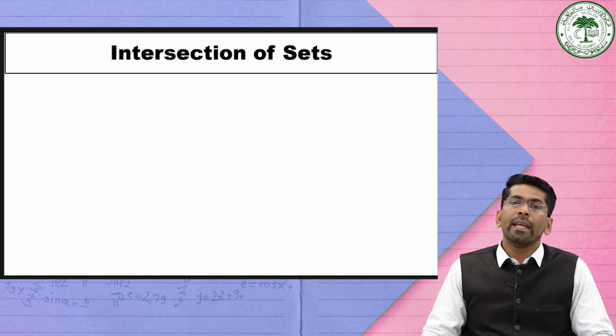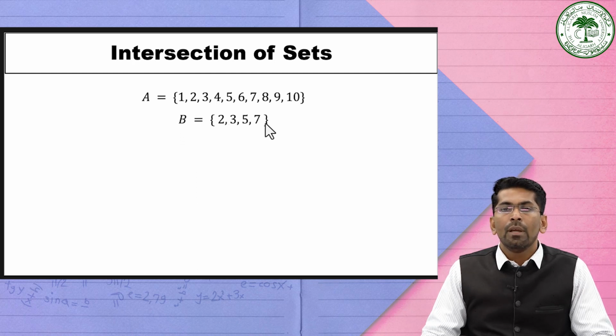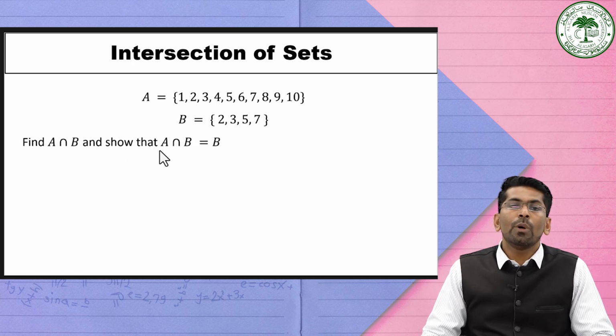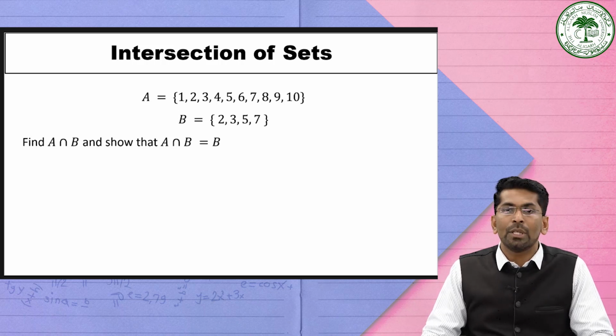Now let us consider an example: set A = {1, 2, 3, 4, 5, 6, 7, 8, 9, 10} and set B = {2, 3, 5, 7}. We want to find A ∩ B and show that A ∩ B = B. The intersection of sets A and B is the set of all elements that are common to both sets.